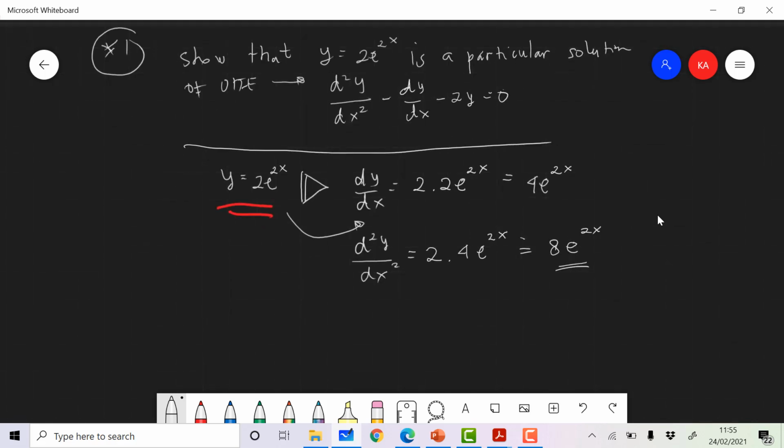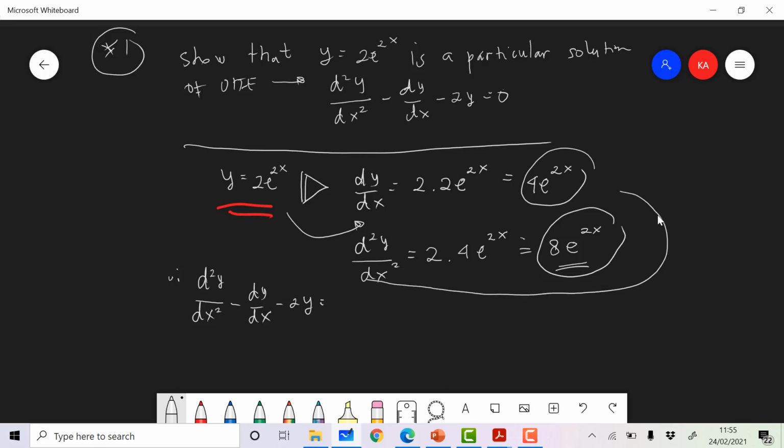So these equations, the second derivative minus 2y is equal to 0. Sorry. We put this one and this one in these equations.